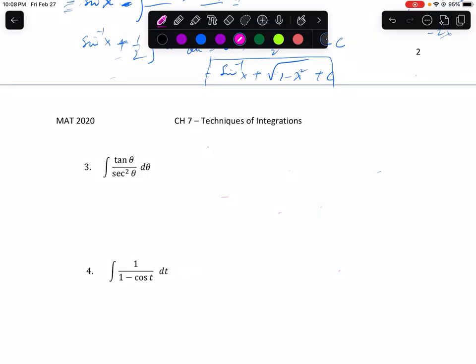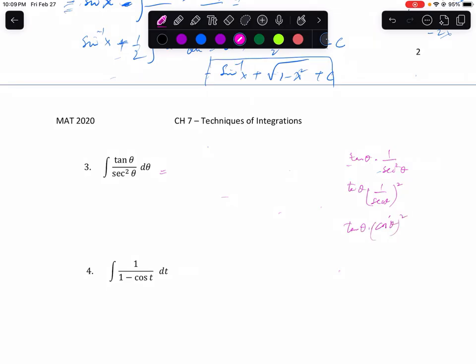So remember, tangent theta over secant square theta, I can write as tangent theta times 1 over secant square theta, which is actually tangent theta times (1 over secant theta) whole square. But 1 over secant theta is cosine theta. So this will become tangent theta times (cosine theta) whole square.